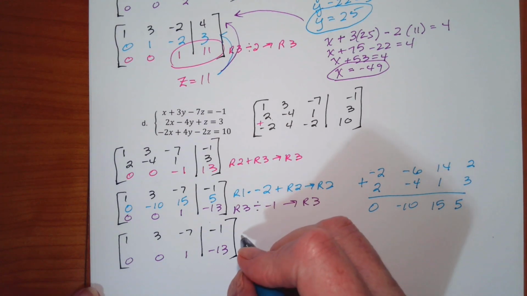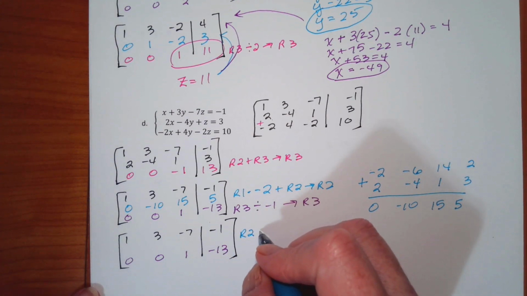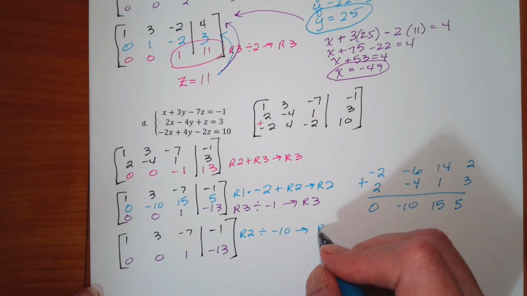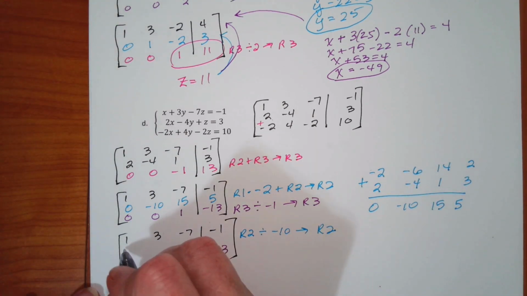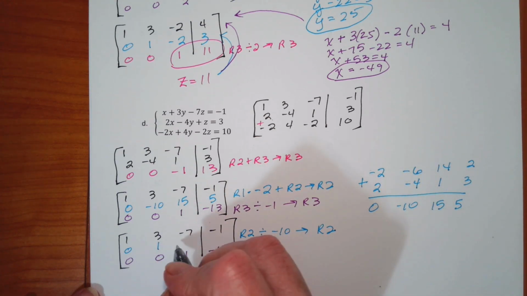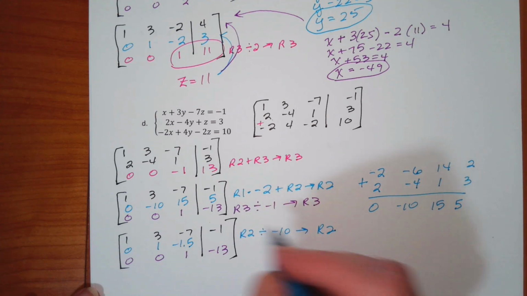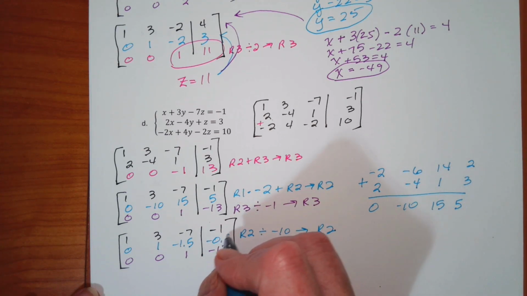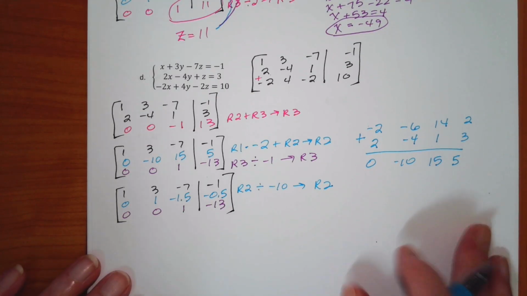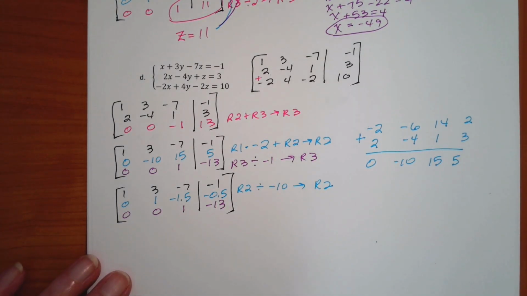So I'm just going to take R2 divided by negative 10 and put it into R2. So that's 0, 1. 15 divided by negative 10 is negative 1.5. 5 divided by negative 10 is negative 0.5. Okay, and I'm good to go.